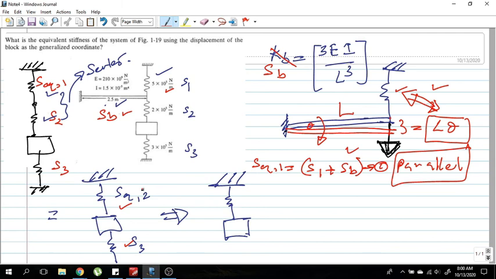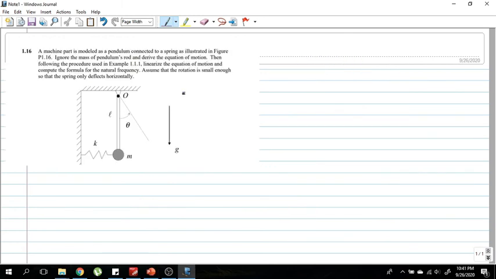Therefore, this is also a parallel arrangement. By adding these two stiffness values, you can find the equivalent stiffness of the system. So all the values are given. You can try this on your own.